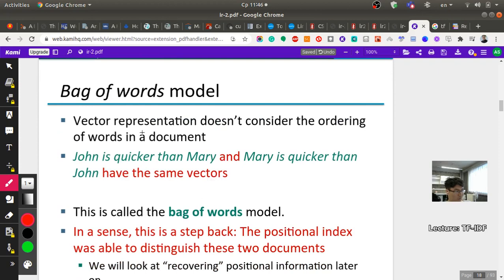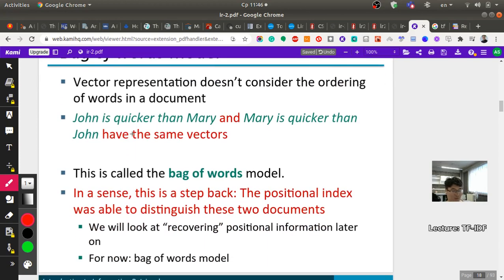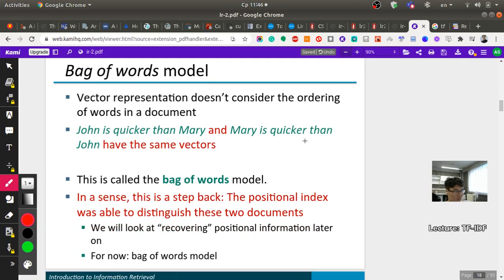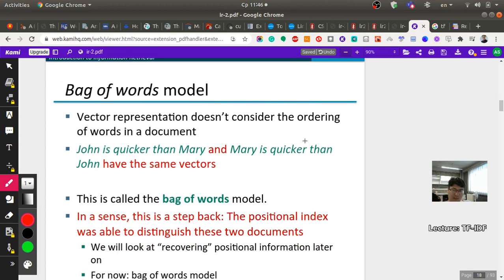Bag of words model. The vector representation doesn't consider the ordering of the words in documents. So like in the previous example, you do not consider how they are ordered. For example, in these two texts, John is quicker than Mary, Mary is quicker than John, they are not the same, but bag of words models do not consider this.